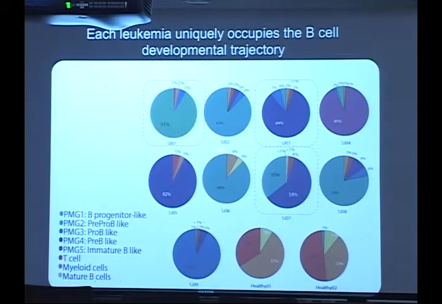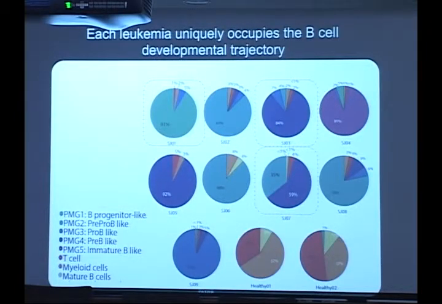And just to give a couple examples, you can see across all of them that, let's say for the first sample, SJ01, most of the cells are occupying this B progenitor-like population, and then there are some healthy populations in there. But this patient also has some cells, about 5%, that are in this pro-B-like phenotype, whereas this patient has most of the cells in a pre-B-like stage, but a little bit of cells in a pro-B-like and a little bit in a pre-pro-B-like.